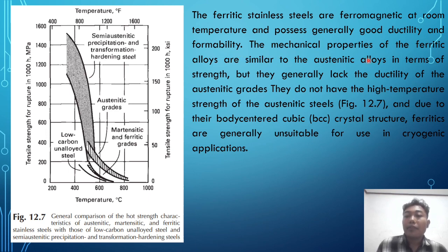The mechanical properties of the ferritic alloys are similar to the austenitic alloys in terms of strength, but they generally lack the ductility of the austenitic grades and do not have the high temperature strength of the austenitic steels, like in picture 12.7.